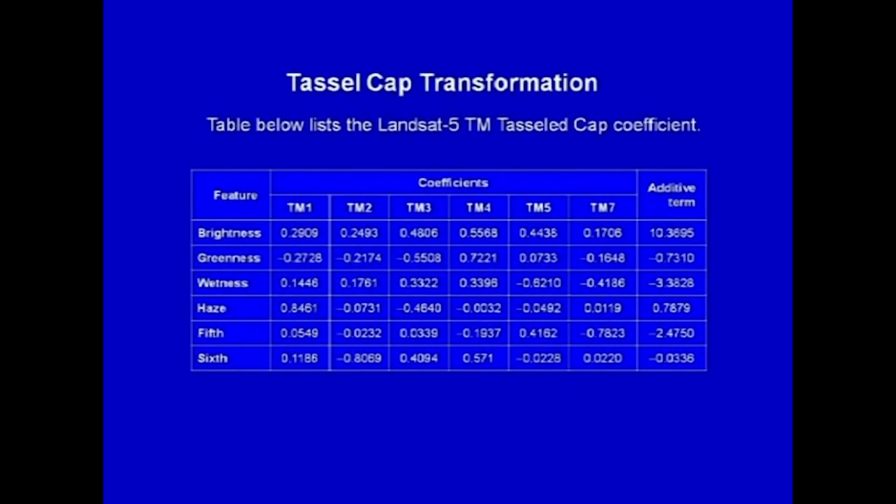The table here shows the various coefficients by which the different TM bands are to be multiplied in order to obtain the brightness, greenness, wetness, haze, and fifth and sixth components, to get the information in the new transformed axes.